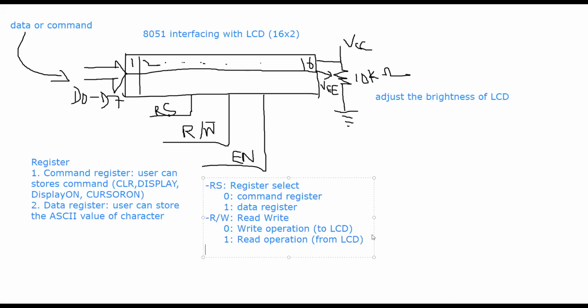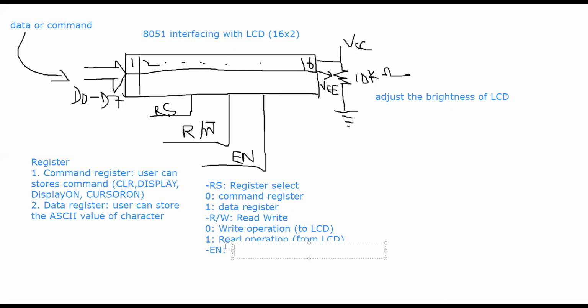The last one is the enable pin. Enable is mainly to latch the signal. For example, you are sending a data or a command. This is a signal, remember that. When you send a data or a command from the data bus, the signal needs to latch on the bus.